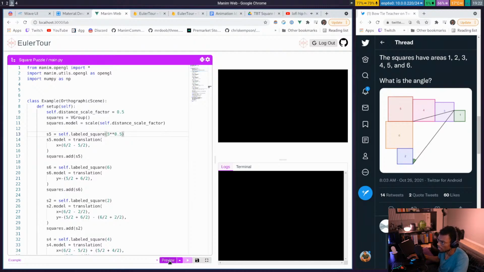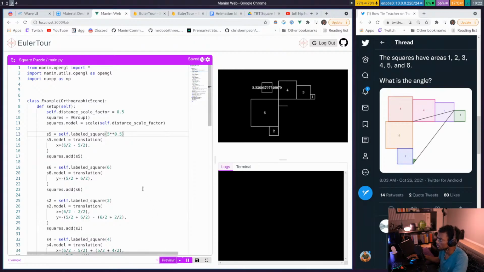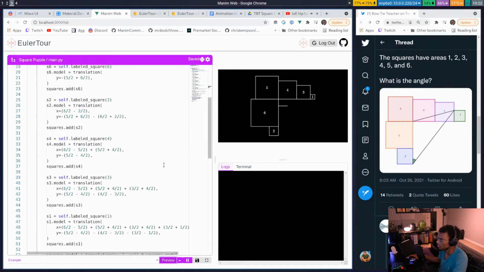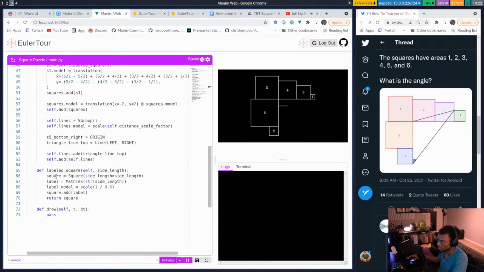So I just have to do this square root instead. Okay. Since I don't want to change the label, the labeled square will take area, and side length will be area, square rooted. Label will be area though.